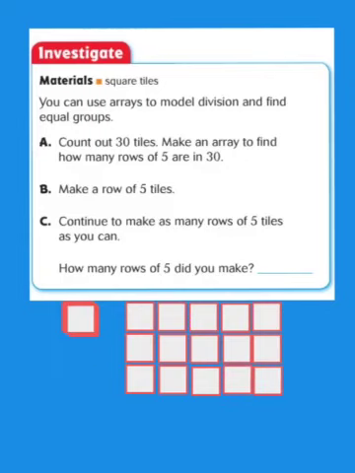We're going to continue to do this until we have counted out all of our 30 counters in order to make rows of 5.